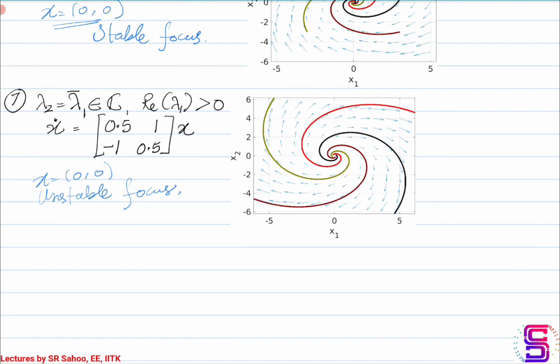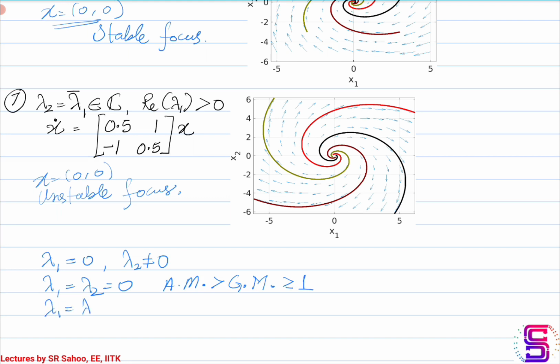Now, I suggest that you explore the following cases. Case 1, when lambda 1 is 0 but lambda 2 is not 0. Case 2, when lambda 1 equal to lambda 2 is 0 and the algebraic multiplicity is greater than the geometric multiplicity.